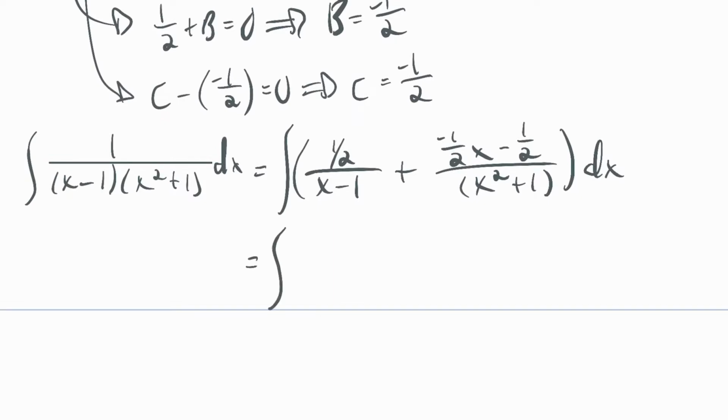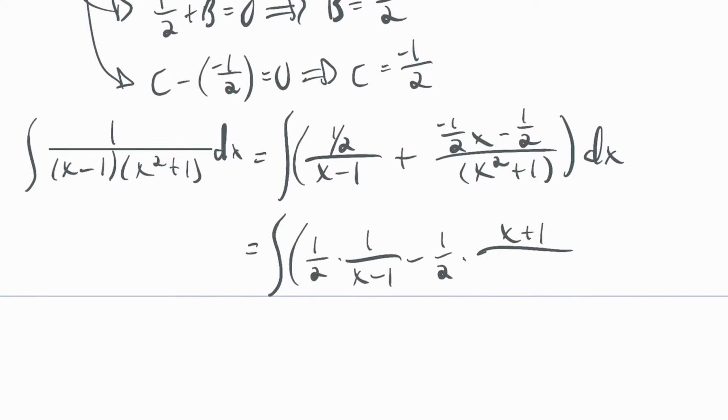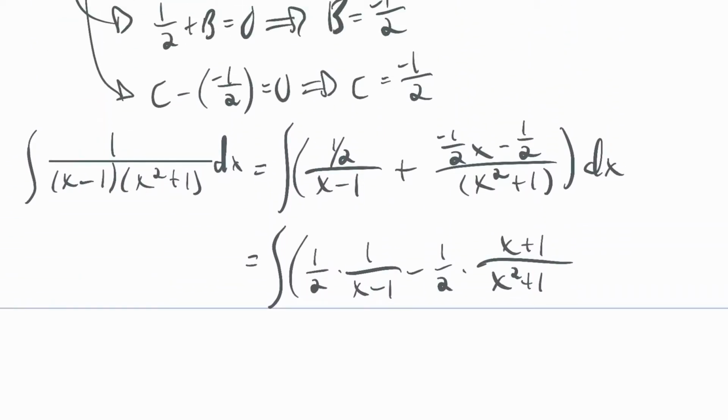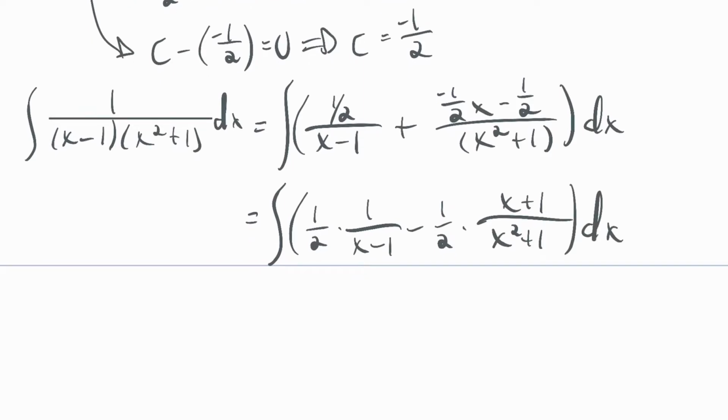So this is the integral of 1/2 times 1 over x minus 1, minus 1/2 times x plus 1 on top over x squared plus 1, dx. Okay. So then I'll put the 1/2 in front of everything, and I will give myself some more horizontal room while I'm at it.